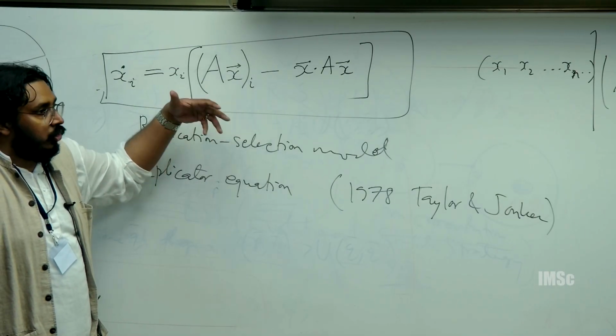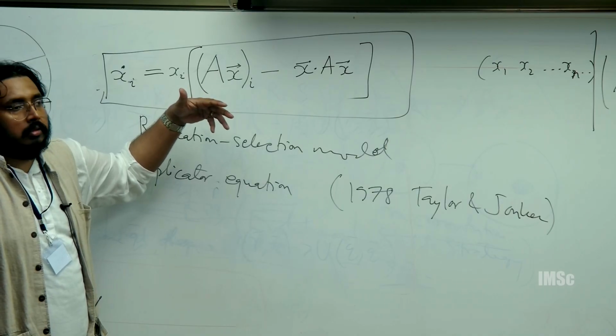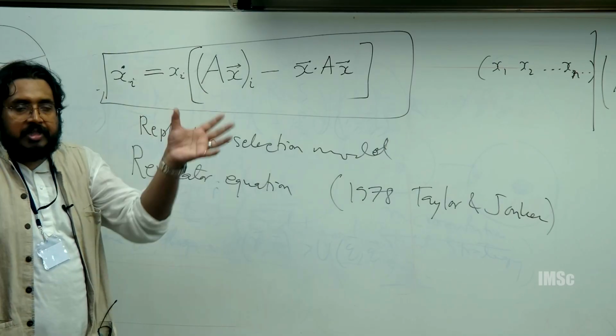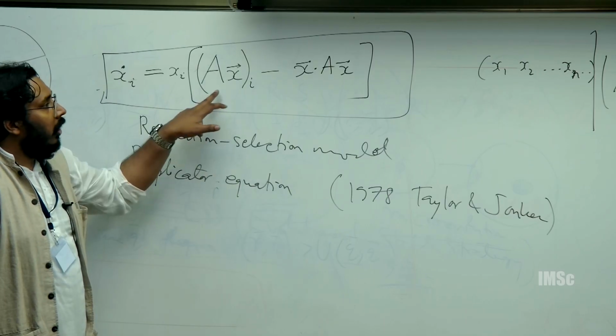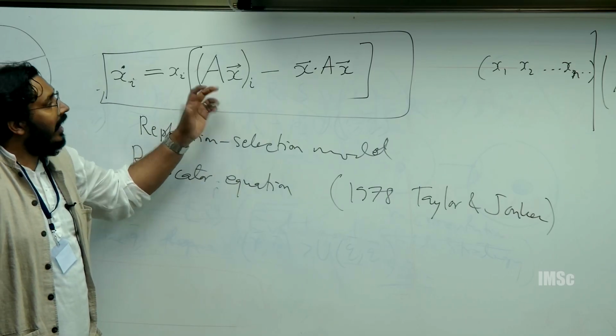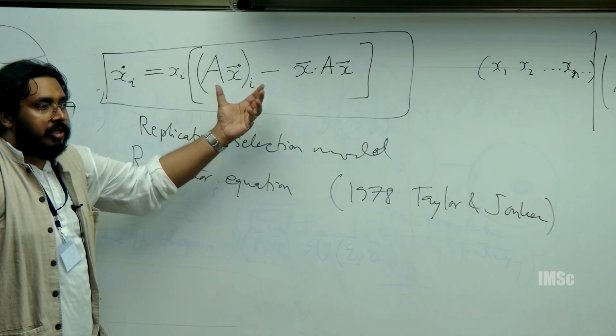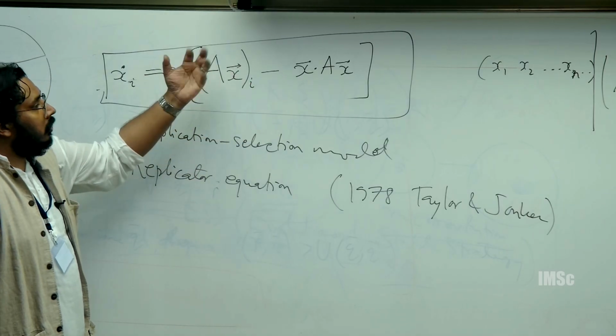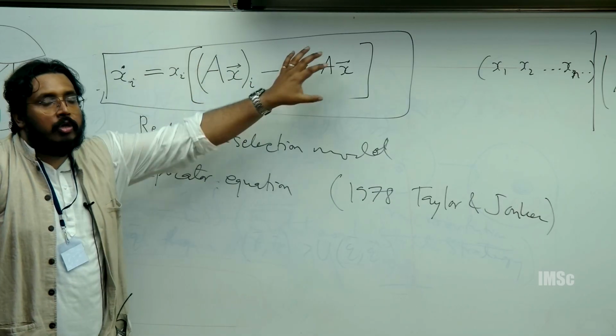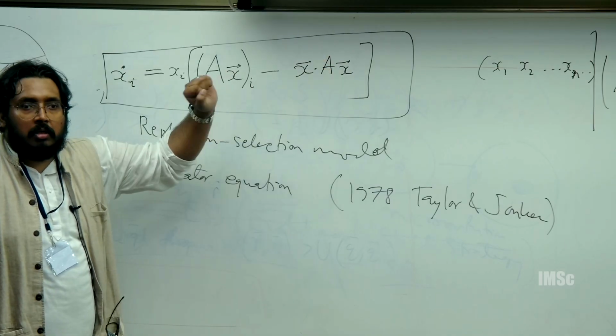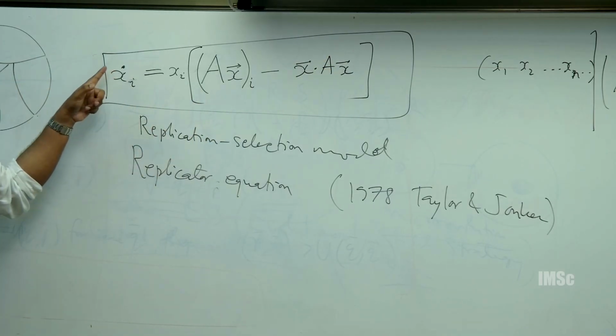Hence you are actually into evolutionary models, right? Remember that subset we had drawn? On top of it, you are selecting the trait which is more fit compared to average. And is this in each time step? Yes, so dot means d/dt.